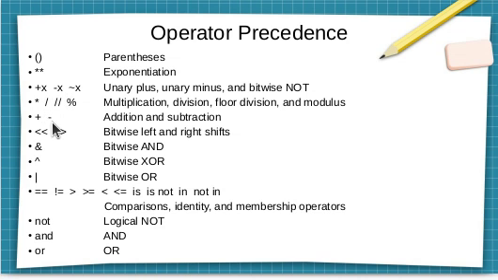After that plus, minus, after that left shift, right shift, after that bitwise and, bitwise XOR, bitwise or. After that is, is not, in, not in, less than, less than or equal to, greater than, greater than or equal to, not equal to, equal to. All of these have the same precedence. These are called comparison, identity, and membership operators. After that logical not, logical and, logical or.